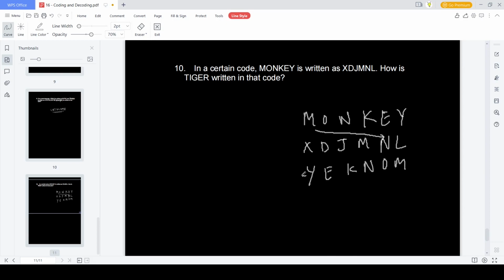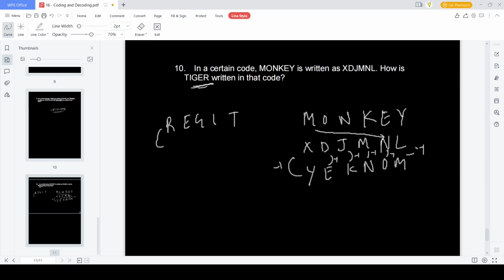YEKNOM. Now I can see this is -1, this is also -1, this is also -1, this is -1, this is -1. So I simply have to reverse tiger and subtract 1 from everything. So I get REGIT.